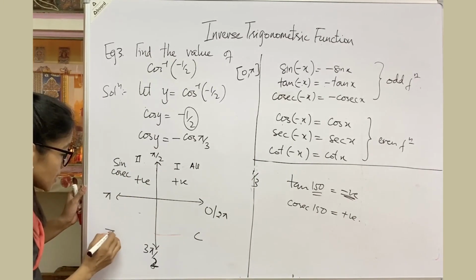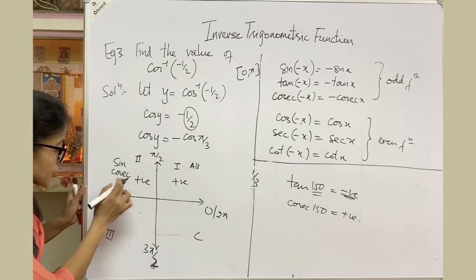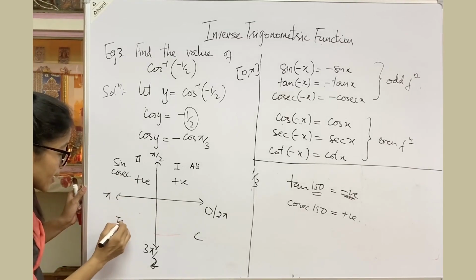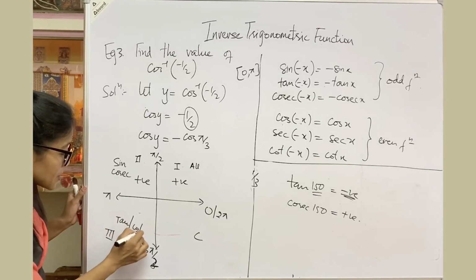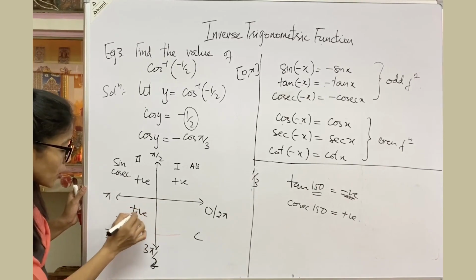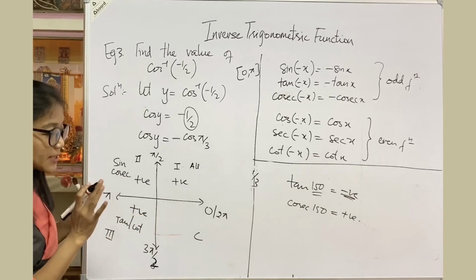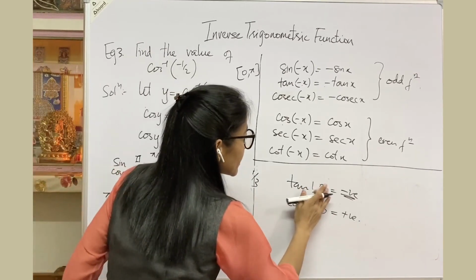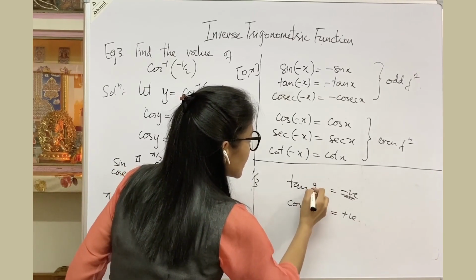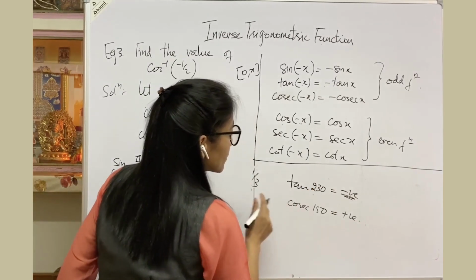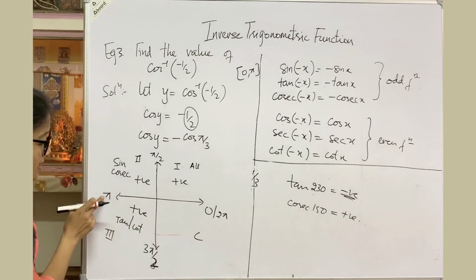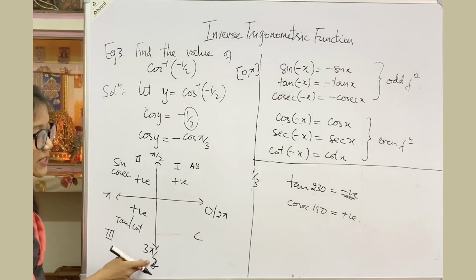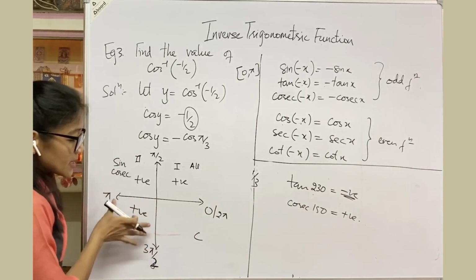In the third quadrant, add sugar, this is the 2nd letter, right? Tan and its reciprocal cot, these 2 are positive, the rest 4 are negative. Suppose I write tan of 230. This is 180 to 270, so 230 comes in this interval.